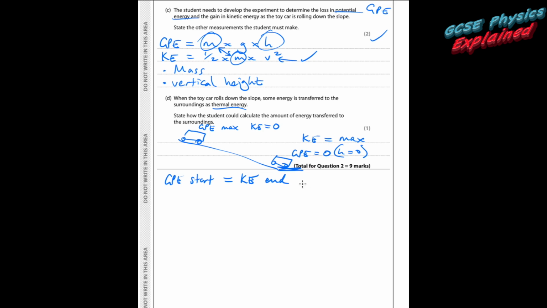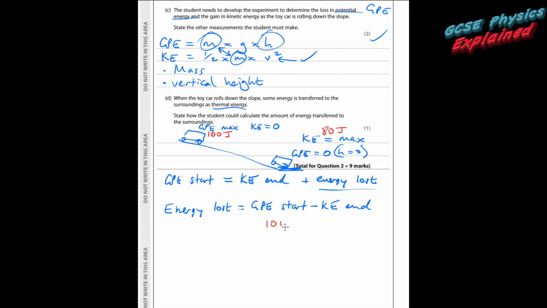But what they have said is that there is going to be some energy lost. So we just need to rearrange the equation to get the energy lost. And that's going to be the gravitational potential energy at the start, take away the kinetic energy at the end. So just say you had 100 joules of gravitational potential energy at the start and you only had 80 joules of kinetic energy at the end.